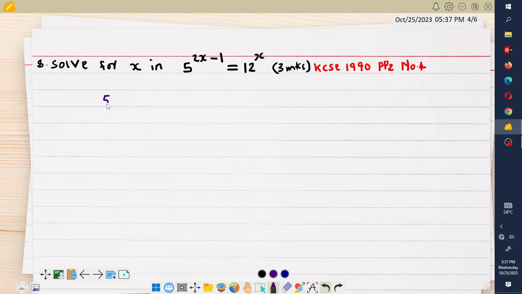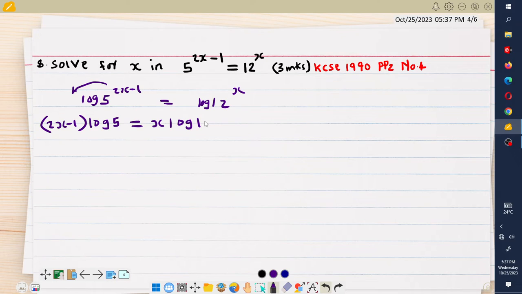So this is 5 to the power of 2x minus 1 equal to 12 to the power of x. So I'm going to introduce log to base 10 on this side and also log to base 10 on this other side. So from the laws of logarithm, we can take the power here, so this can be written as 2x minus 1, then in brackets the logarithm of 5, is equal to x logarithm of 12.